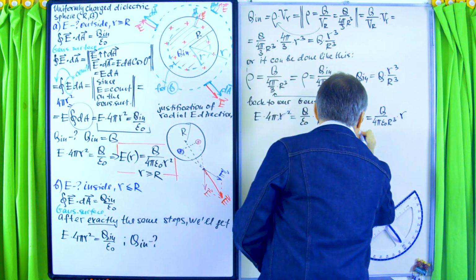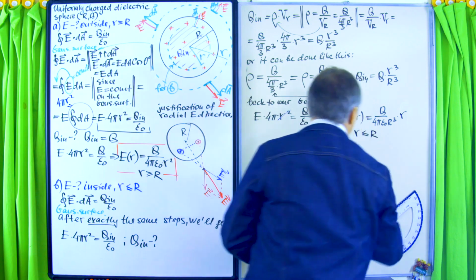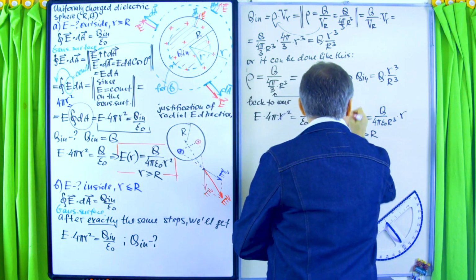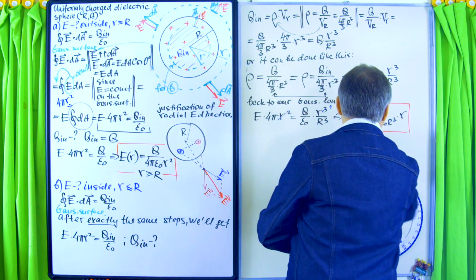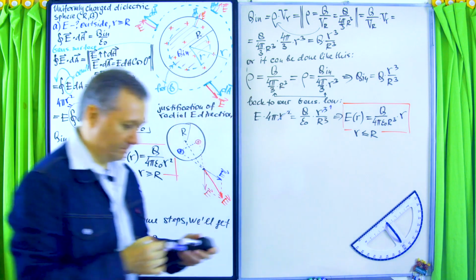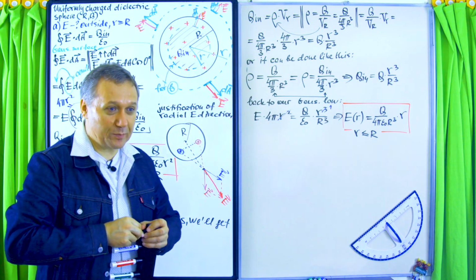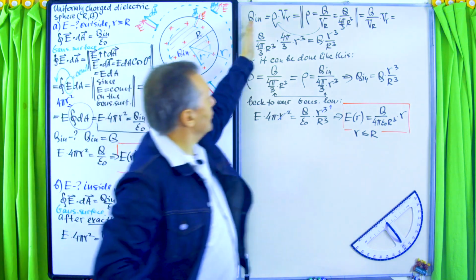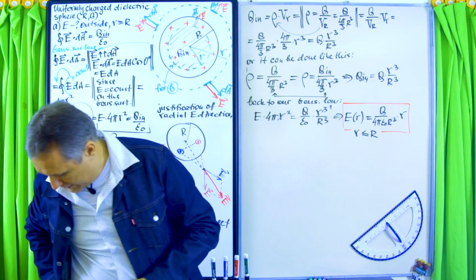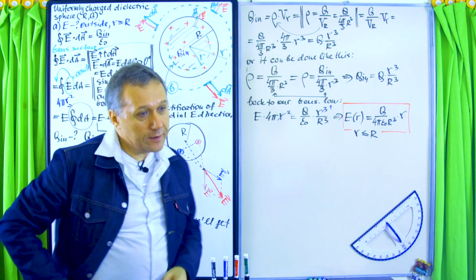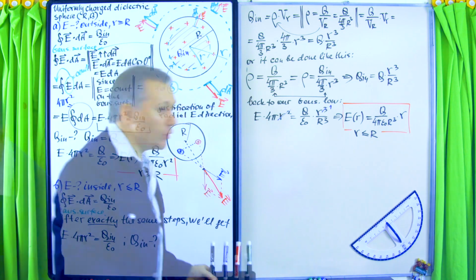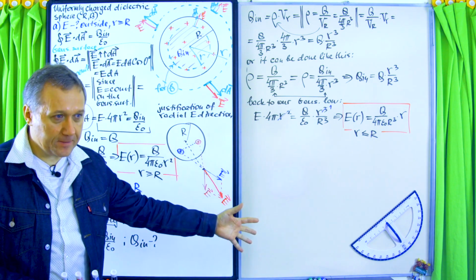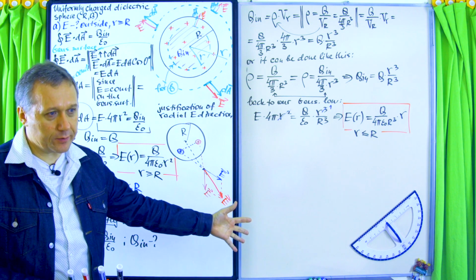That's for r small less than or equal to R capital. Now let me frame it. That's part B. Yeah, part B is slightly more complicated because you need to put a little more effort into finding Q enclosed.